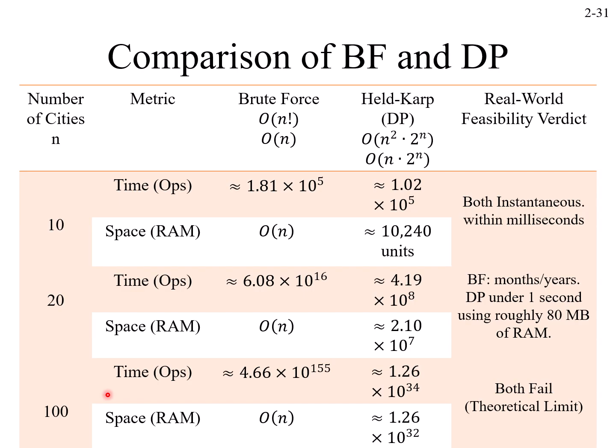And we'll give some numerical numbers to appreciate or understand the complexity. If the number of cities is 10, this is time, meaning operations, and space means your memory. This is for brute force, time and space, and this is for dynamic programming, time and space.